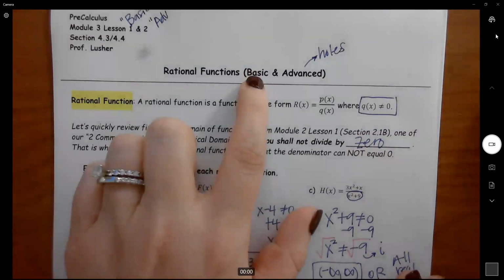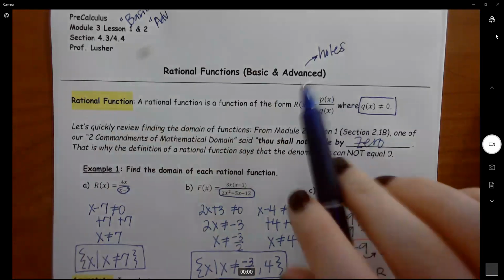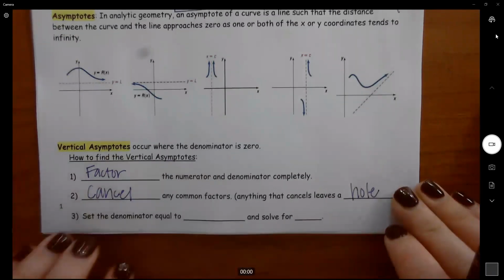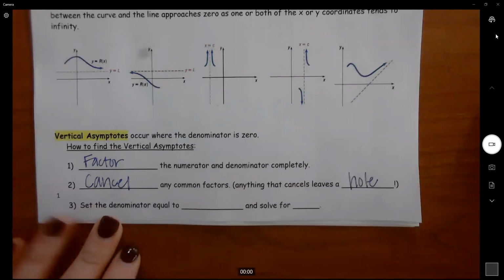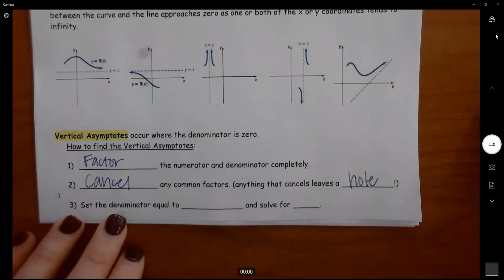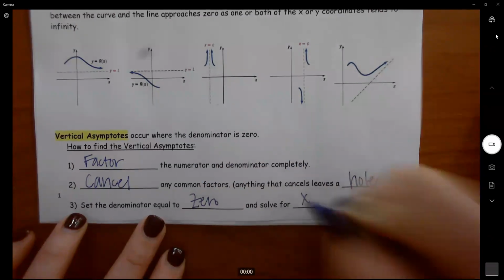You will have no holes in the basic lesson 1. When you go to advanced lesson 2, you're going to have some holes. Just know whenever you have any common factors that cancel, that's going to leave behind some holes. And then lastly, you set the denominator equal to 0 and solve for x.